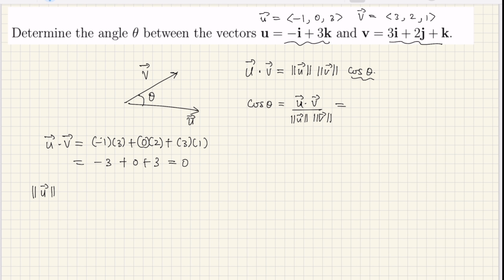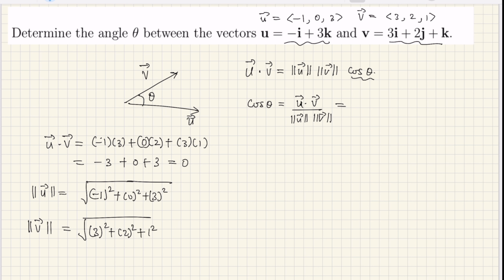And then what is the magnitude of u? The magnitude of u is given by the square root of minus 1 squared plus 0 squared, then plus 3 squared. And the magnitude of v is the square root of 3 squared plus 2 squared, and then plus 1 squared.